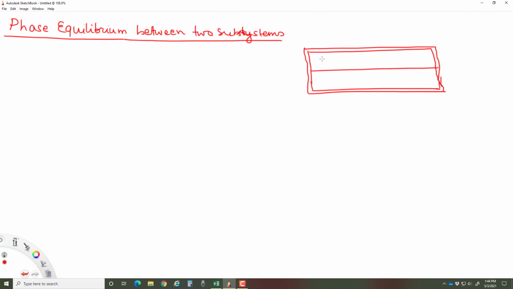Subsystem A is in phase A and subsystem B is in phase B. Phase A of the subsystem is defined by temperature A, pressure A, volume A, internal energy of A, and number of moles A. Likewise, phase B or subsystem B is defined by temperature B, pressure B, volume B, internal energy B, and number of moles B.